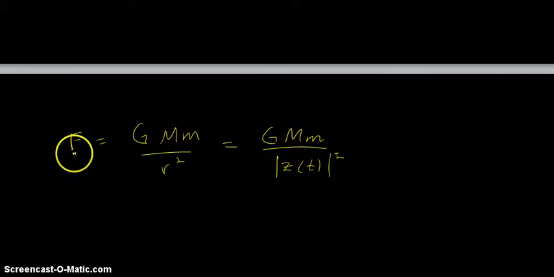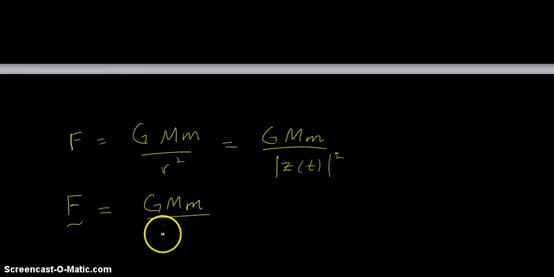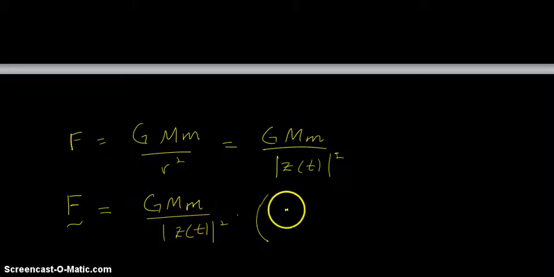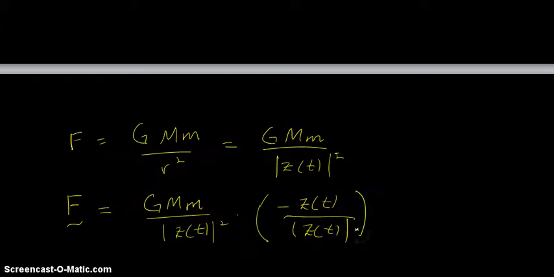Now we can go one step further and express this as a vector. We'll write F in vector notation. We've got big G, big M over little m, mod Z of T squared, and we'll write this as minus Z of T over mod Z of T. So this corresponds to the unit vector r hat.